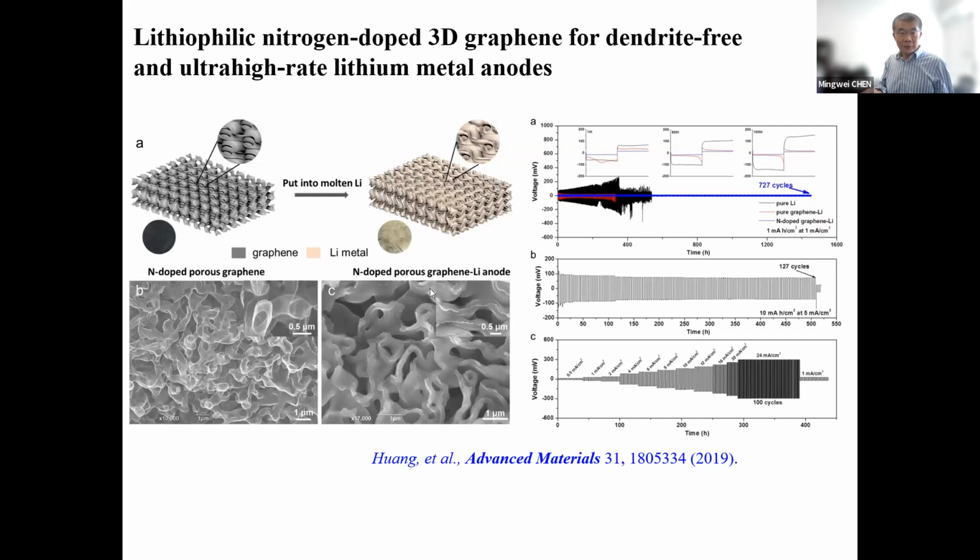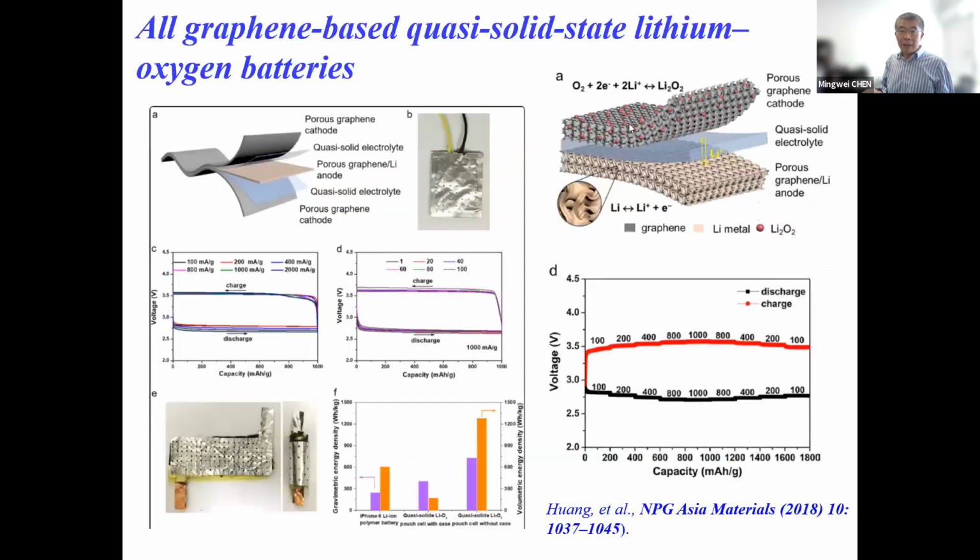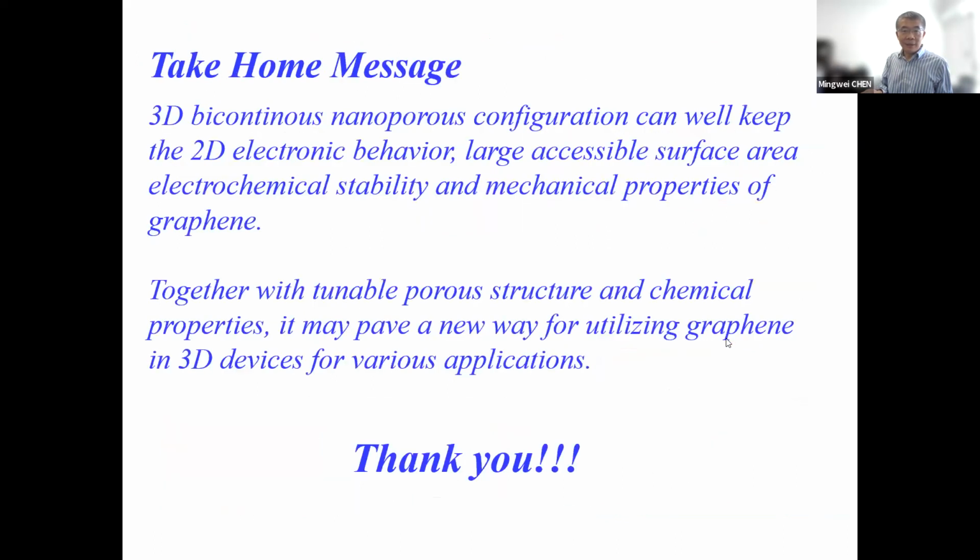Basically, they show pretty good performance for the anode. We can combine this cathode and anode together, so we developed a so-called graphene-based solid state lithium-air battery. That's actually a patent by Toyota that shows excellent performance for battery applications.